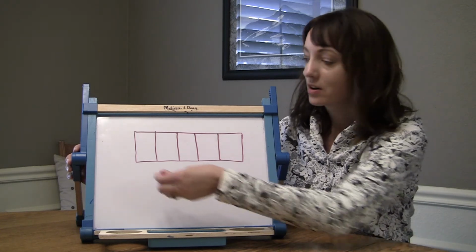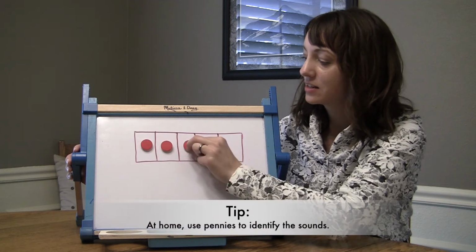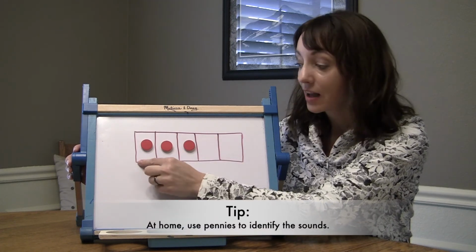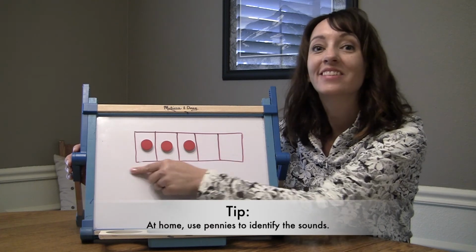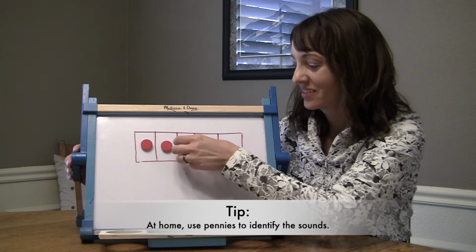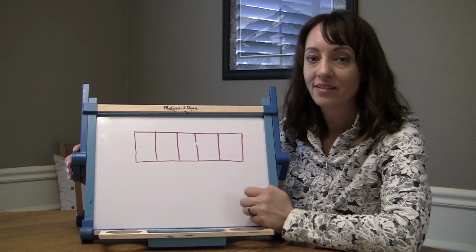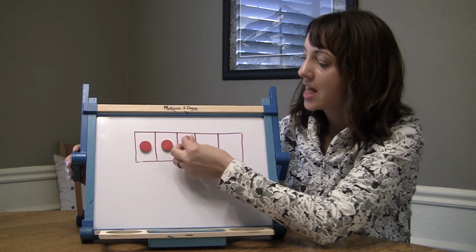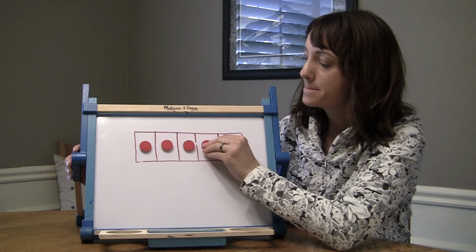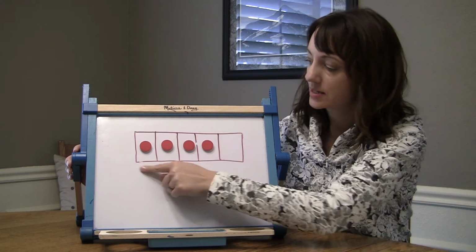The first word is sh, e, d. Say the sounds slowly together. Shed. So the word is shed. Listen again. S, t, e, m. St, stem.